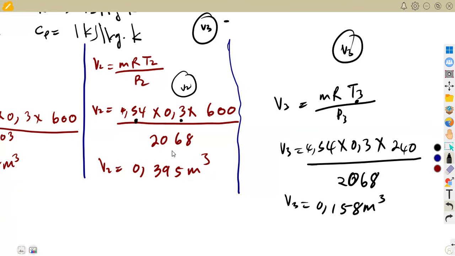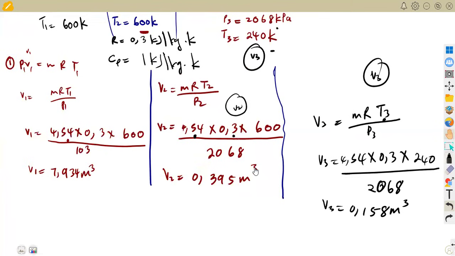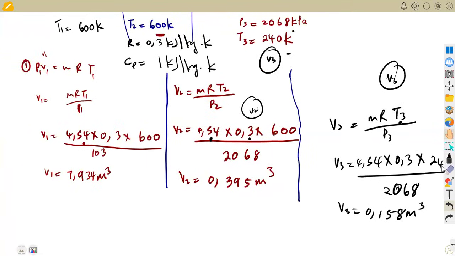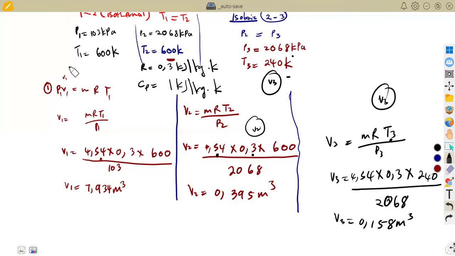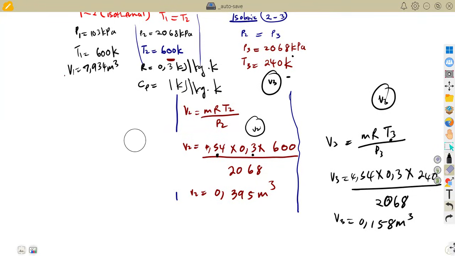So you've calculated V1, V2, V3, the volumes corresponding to each point that we are given. That's V1, which is 7.934 here. I'm just going to need this space here, guys, so let me put it in a way that we can understand.